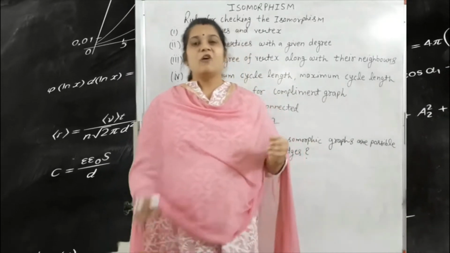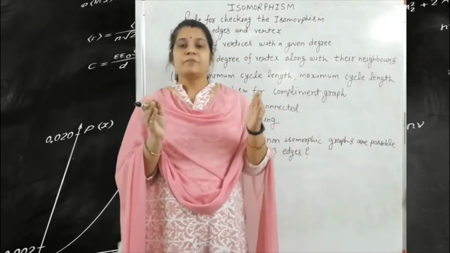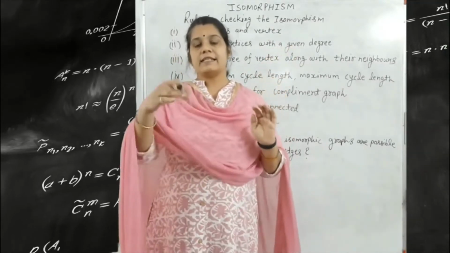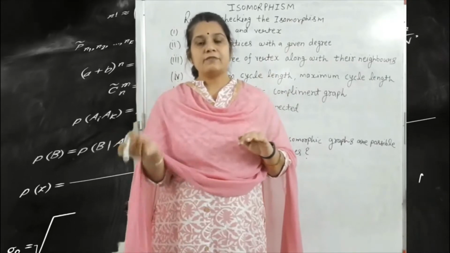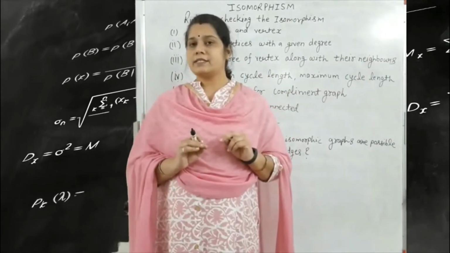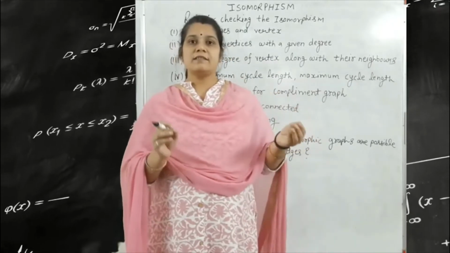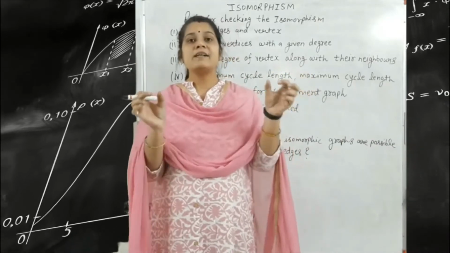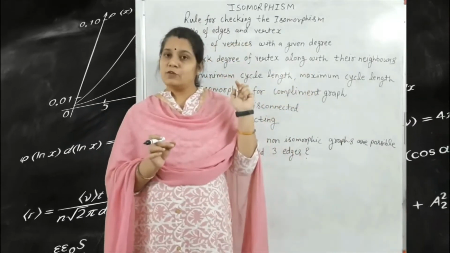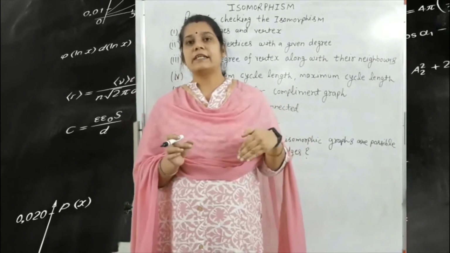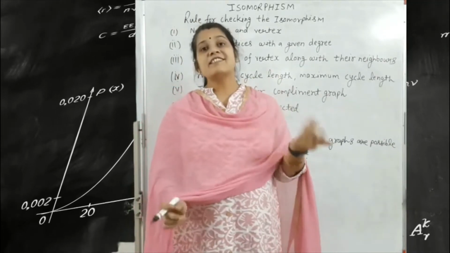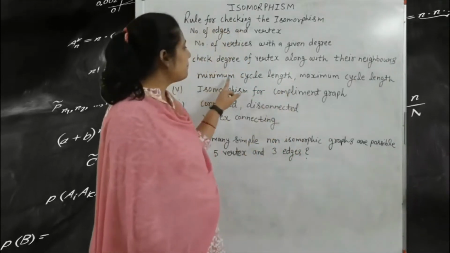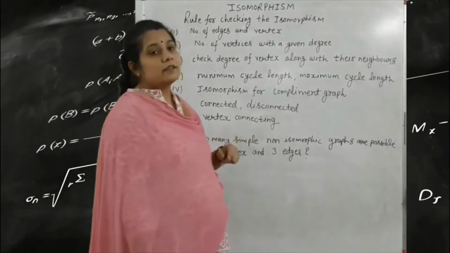For example, we are given two graphs, and in the G1 graph one vertex has degree three, and in the second graph one vertex also has degree three. So the condition is satisfied. Then you check the neighbors of this vertex. If the neighbors of this vertex have the same degree, then we can say that the given graph is isomorphic.